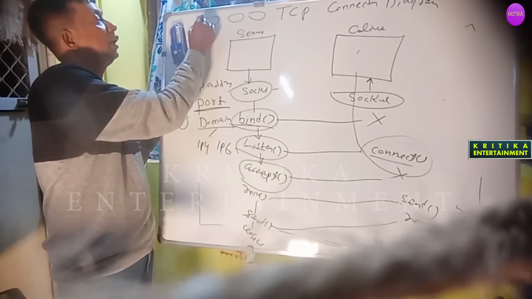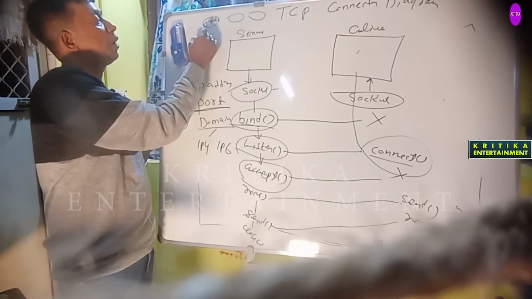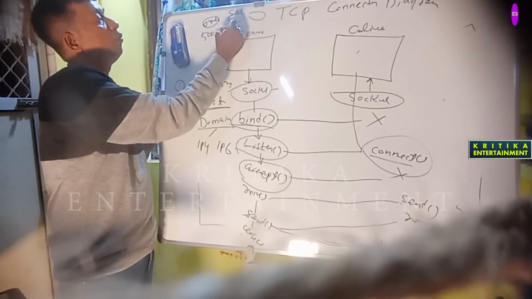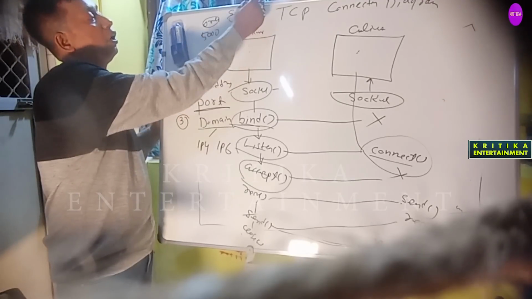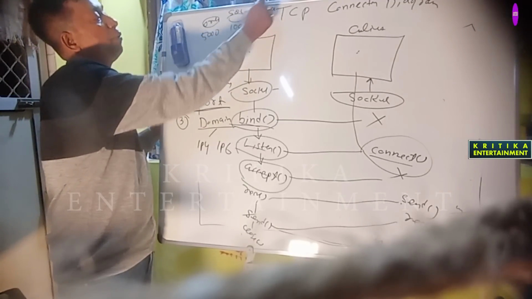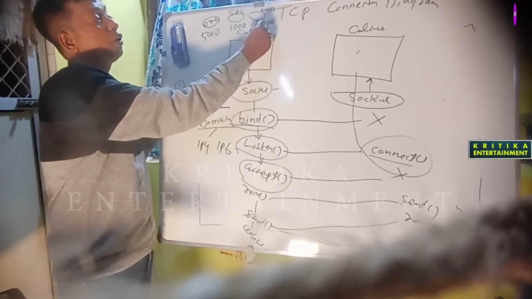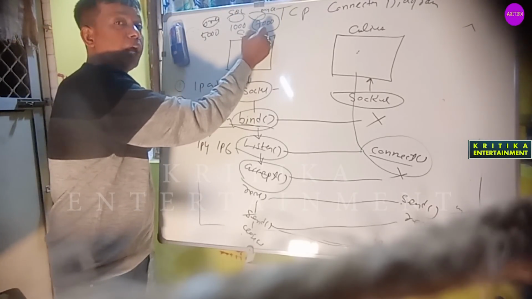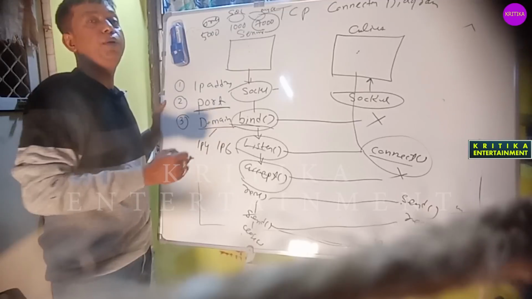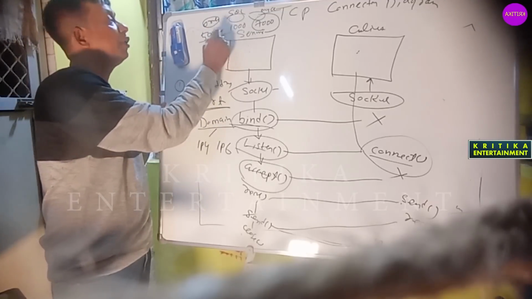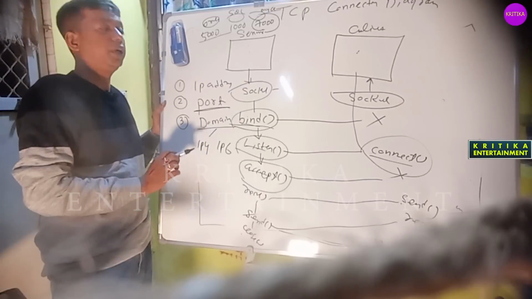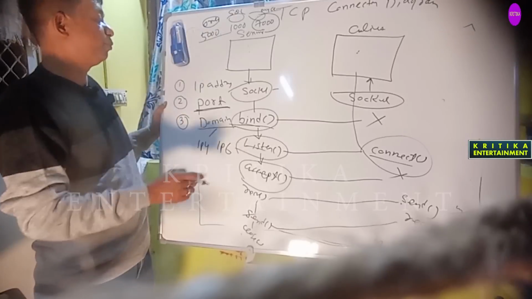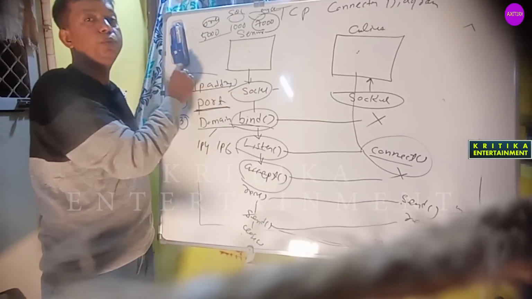Suppose Oracle is assigned port 5000, SQL is assigned 1000, and MySQL is assigned 7000. When I use 7000 in my program, the MySQL program will be called. When you use 5000, the Oracle program will be called. So port is used to connect a specific program, and the IP address is mainly used to find the source or destination.